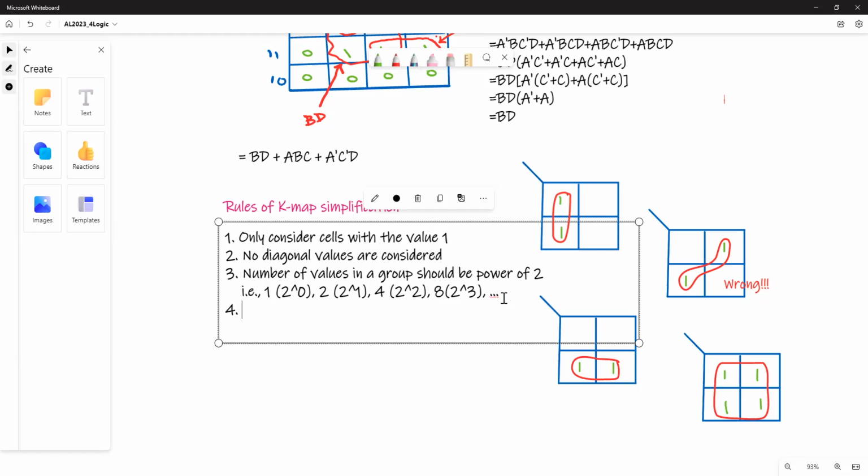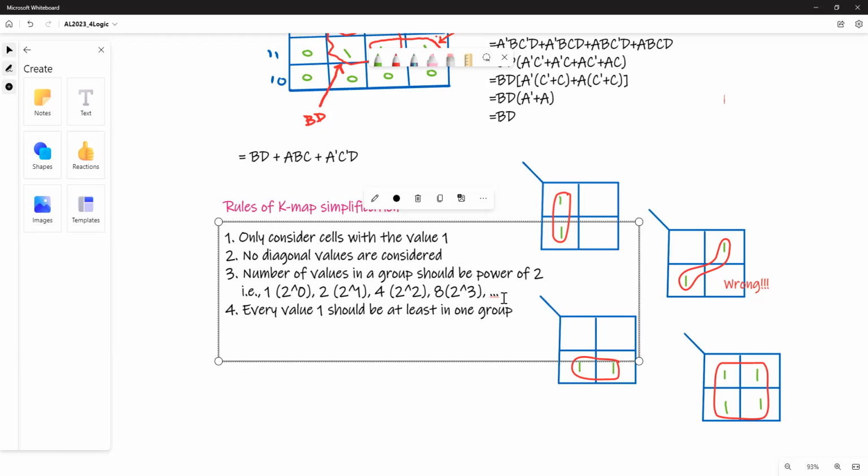Yes. Fourth rule: every value 1 should be in at least one group. Now, what does this mean?